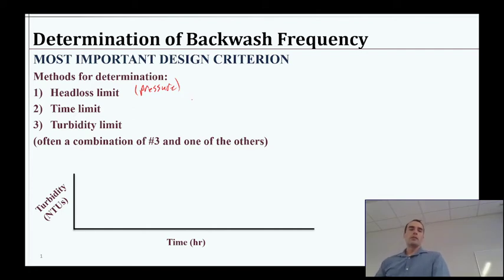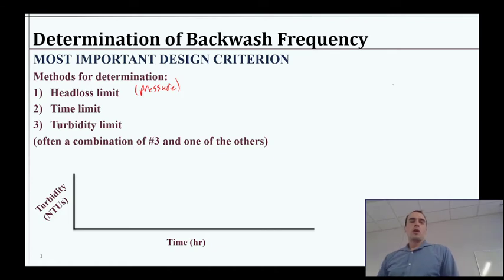Head loss means that over time through the filter, we get a loss of pressure that's increasing, meaning there's a bigger pressure drop pushing water through the filter. Typically we just add more water on top at a certain flow rate to push water through.